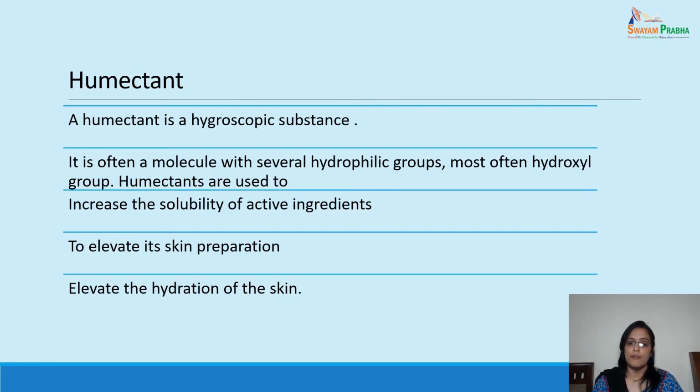It is often a molecule with several hydrophilic groups, most commonly hydroxyl groups, that is OH groups. Humectants are used in semi-solid dosage form formulations to increase the solubility of the active ingredient and to enhance its permeation, and they contribute to hydration.